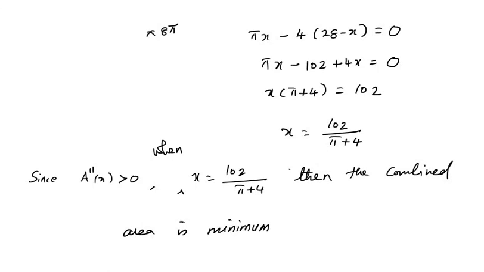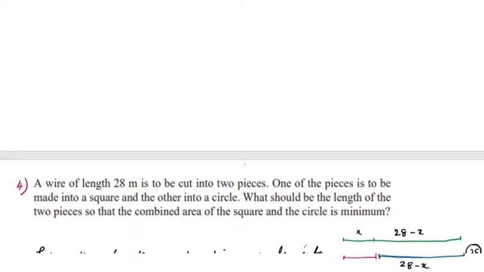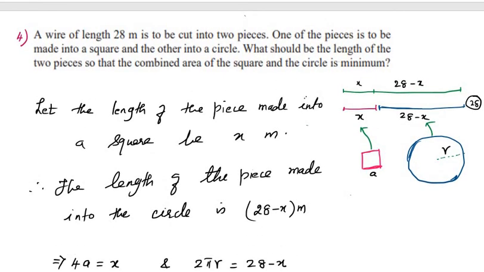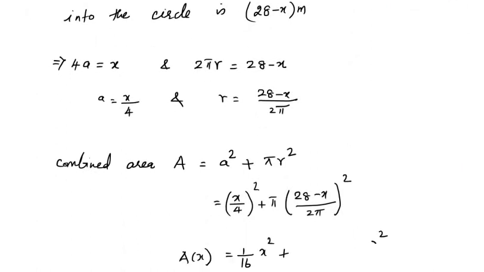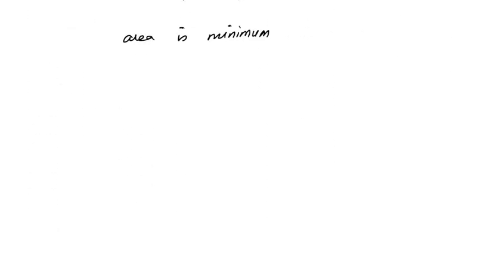But what is the question? Find the length of the two pieces to be made into a square and circle. Therefore, as I told earlier, we must pin to the answer. What should be the length of the two pieces so that the combined area is minimum? Therefore, see how to write the answer.